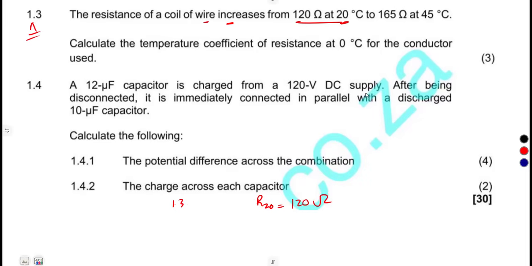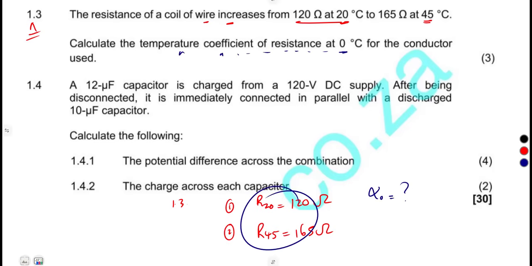This is the first one and this is the second one. The resistance at 45 degrees is 165 ohms. So calculate the temperature coefficient of resistance of this at zero.